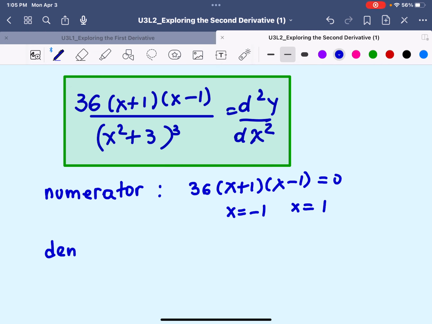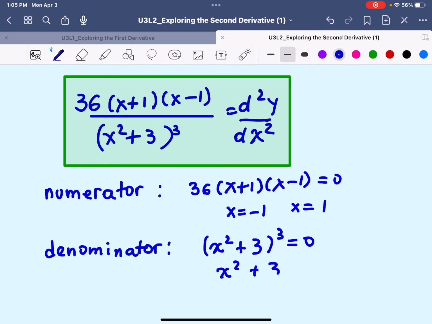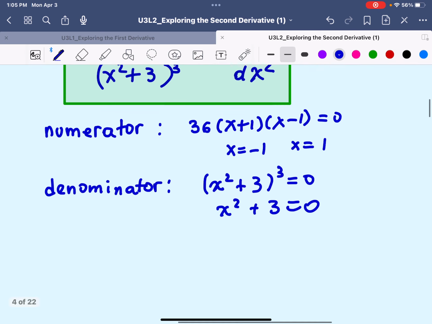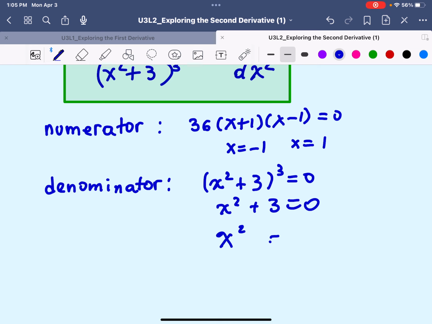In the denominator, let's see if there are zeros in there. So (x squared plus 3) to the power of 3 will be equal to 0 if x squared plus 3 is 0. Or we're going to say if x squared equals -3, which makes x equal to plus or minus the square root of -3.